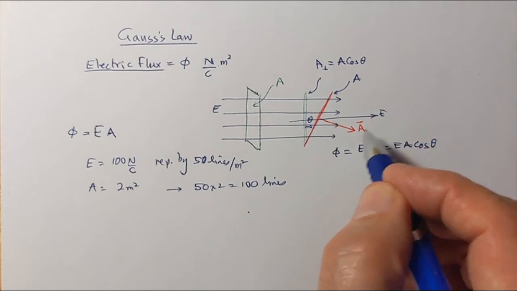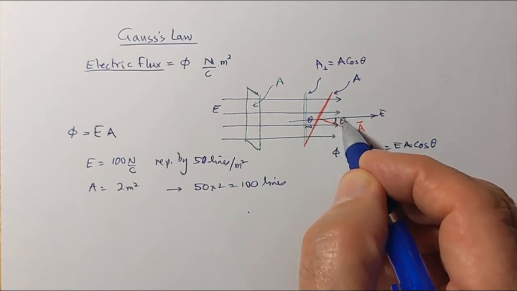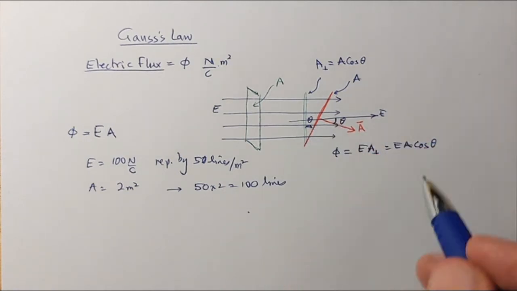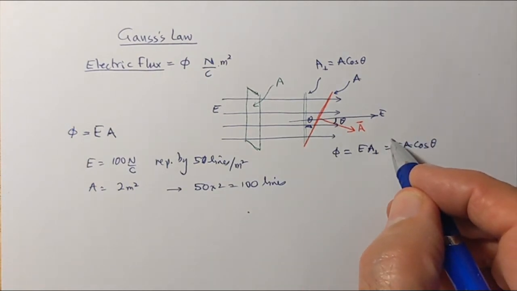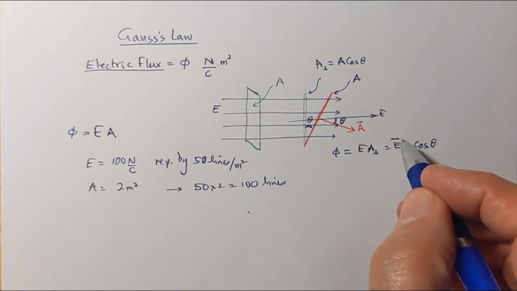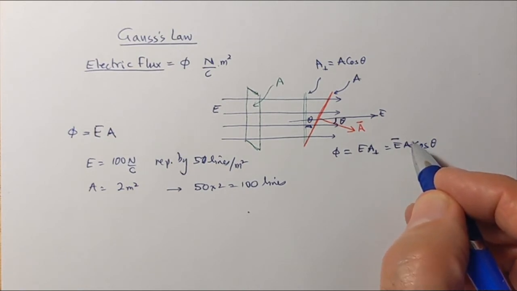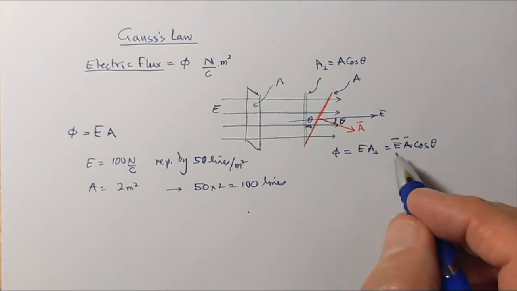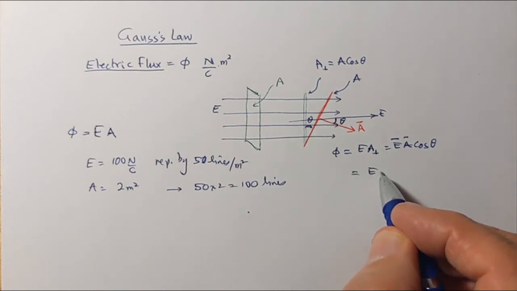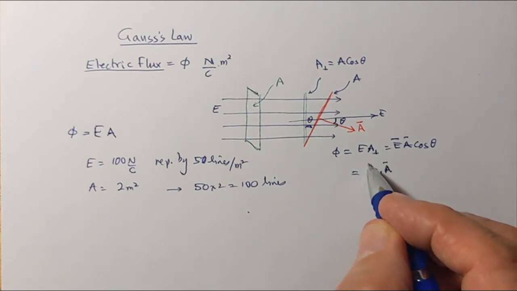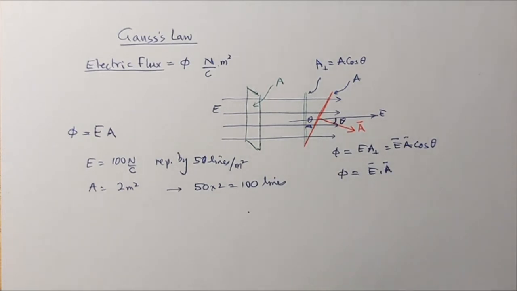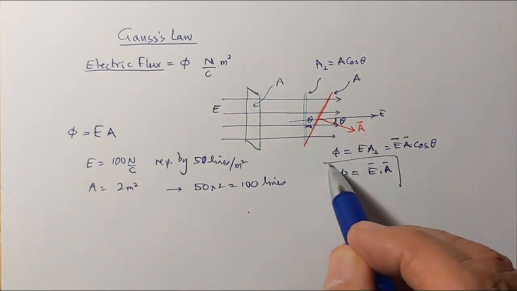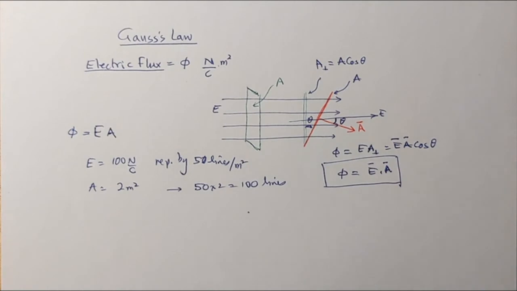So this is the angle theta, which is the same as this angle, and therefore the flux is an electric field E and an area A and cos theta. So E A cos theta is simply E dot A. So the flux is a dot product of E and A, and that is our definition that we will use, E dot A.